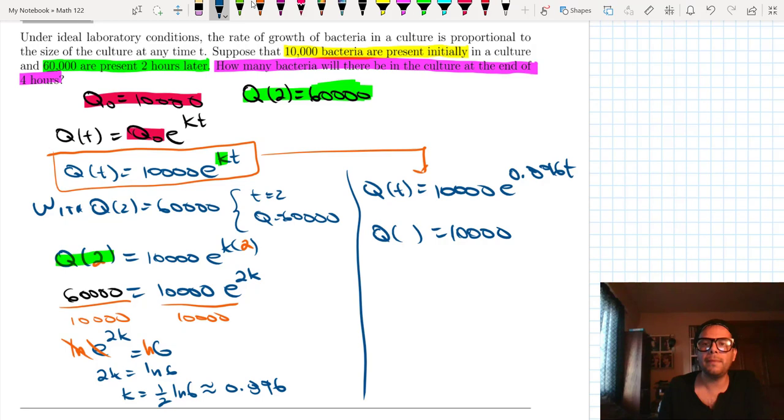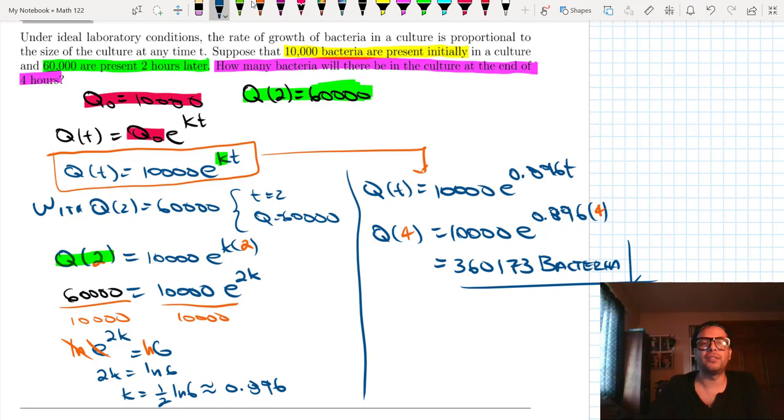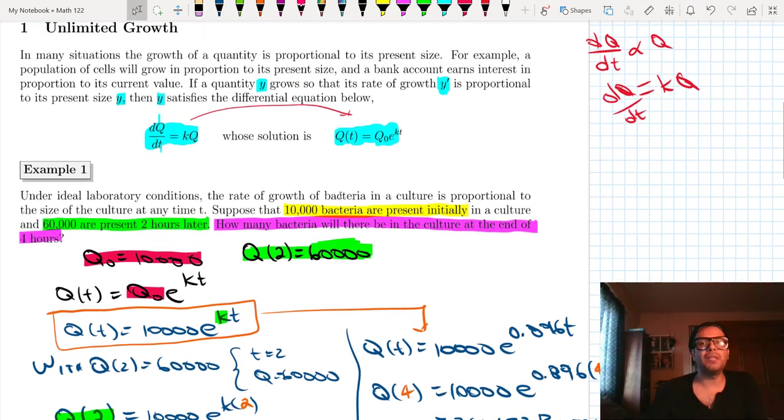So just plug it in: 10,000 e to the 0.896 times 4, and use a calculator to get the following answer. We get 360,173 bacteria. Okay, that's the final answer. That's how we deal with a problem dealing with unlimited growth.